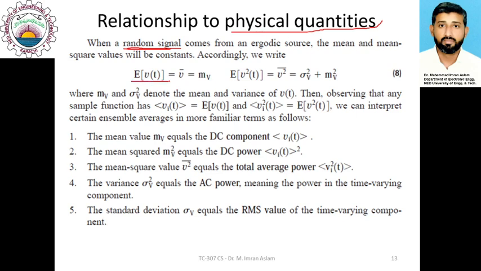If we try to identify those physical quantities illustrated by the random process, you should notice that this expected value is the mean value of the signal, and this is the mean square value, which is defined by this relationship: sigma v square plus m v square. Sigma v square is the variance.